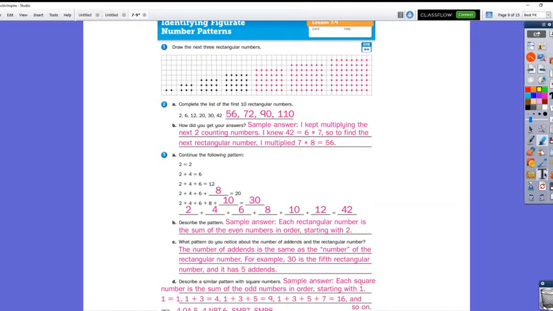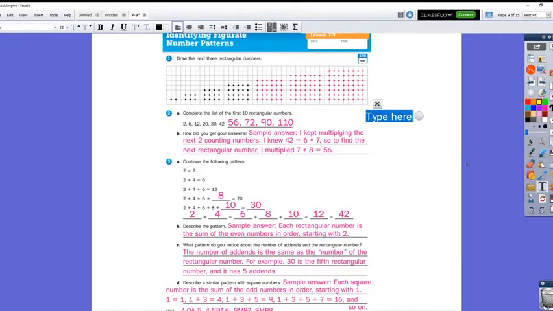The next one, I would just do 8 times 9, right? And that would give me 72. And then I could go on from there. For example, I could do 9 times 10, which is 90. And then 10 times 11, and you can keep going from there.